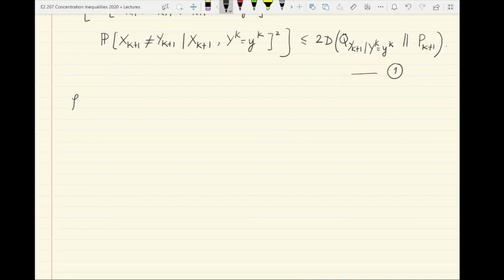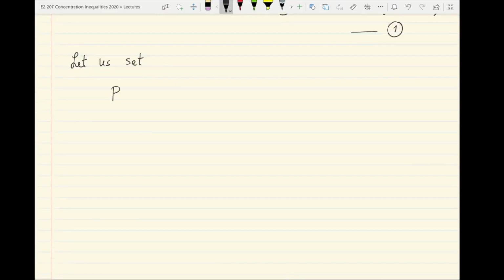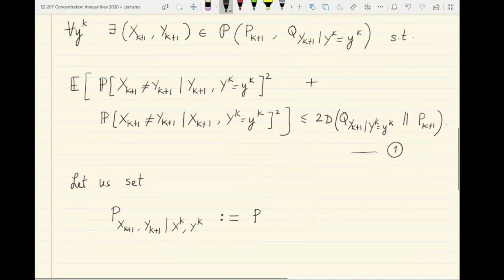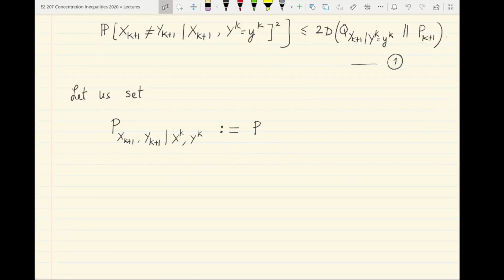So let us set the joint distribution between the k plus first x and the k plus first y, conditioned on xk, yk, the previous k-length segment, to be generated using this guaranteed coupling for the last two variables, xk plus 1, yk plus 1, conditioned on yk alone.